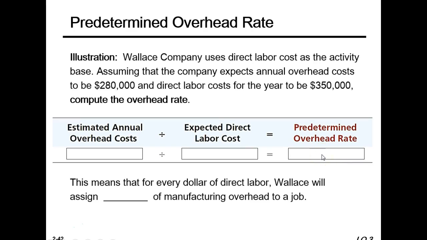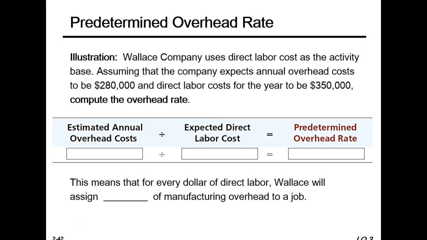So here's an example for you. Wallace Company uses direct labor costs as the activity base. So direct labor costs are the barometer or the mechanism we're going to use to take our predetermined overhead rate.